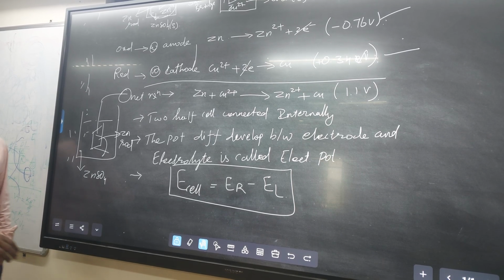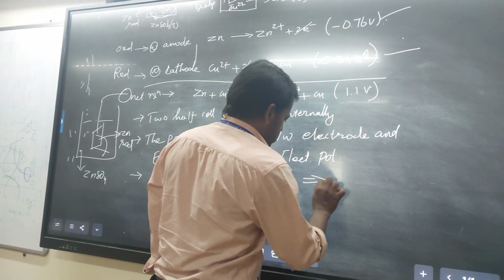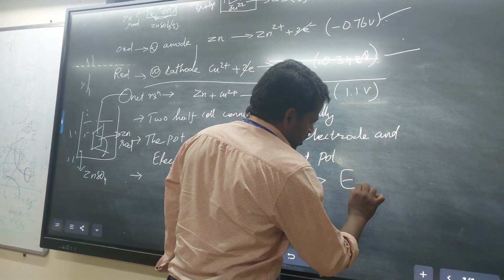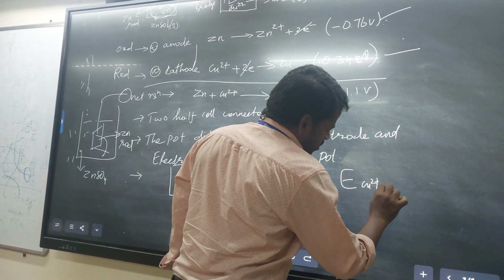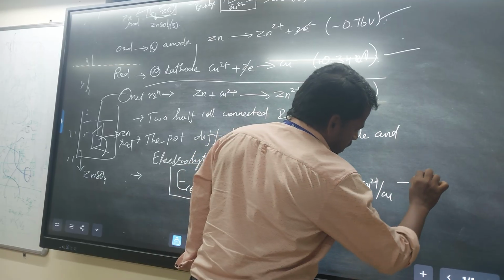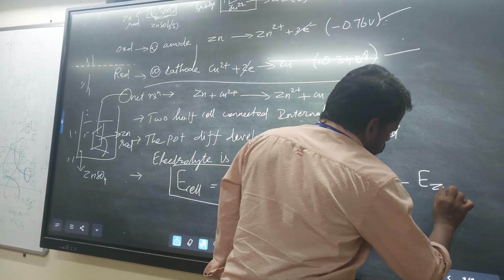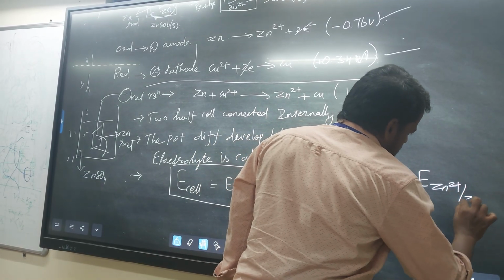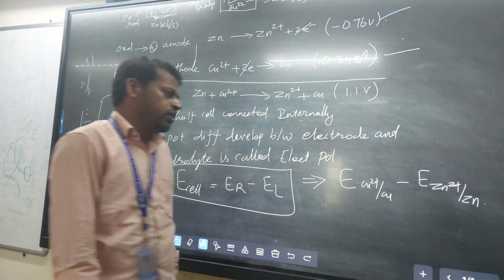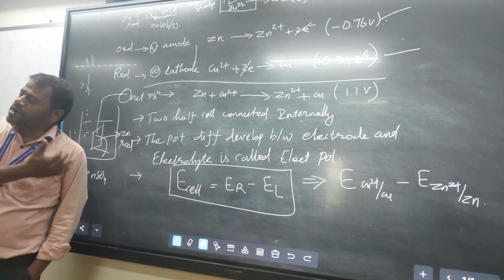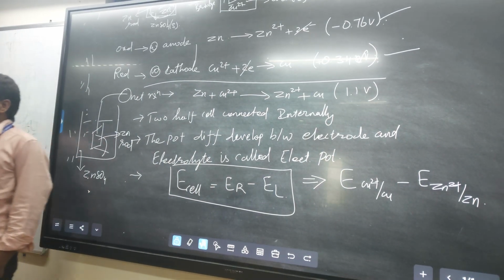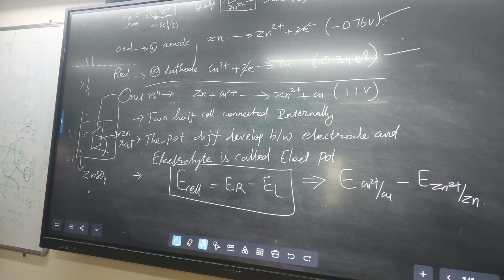So how can you write it? E of copper 2 plus becomes copper minus E of zinc 2 plus becomes zinc. Or else, reduction minus oxidation.